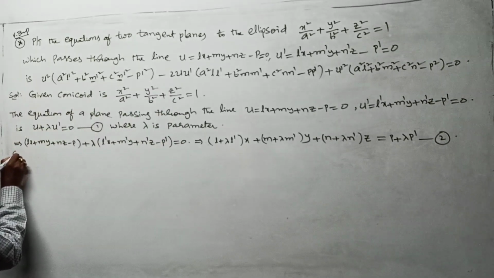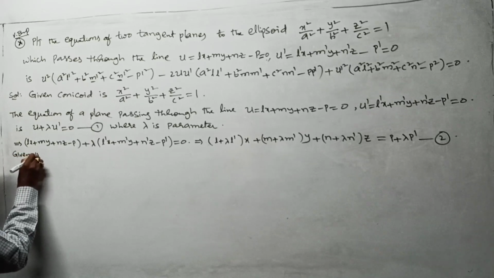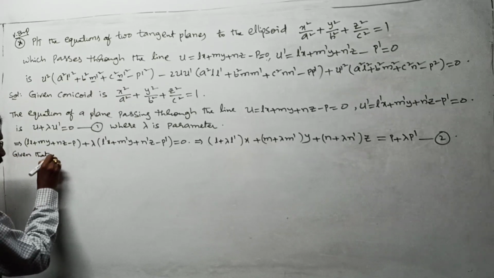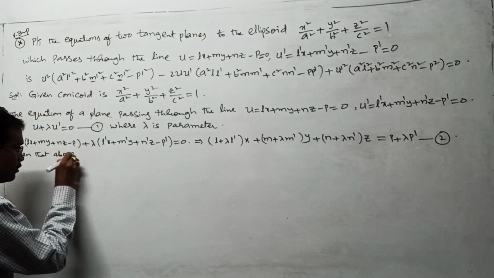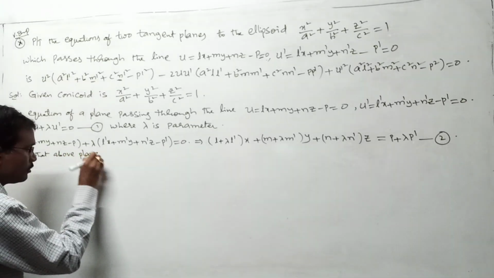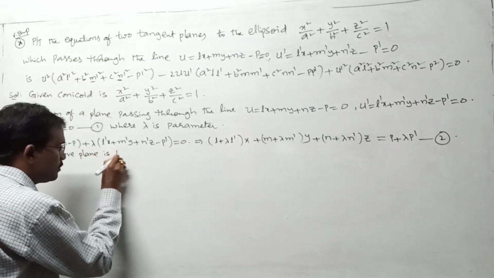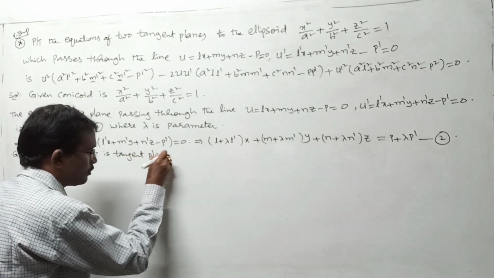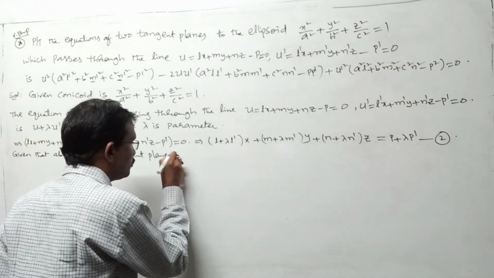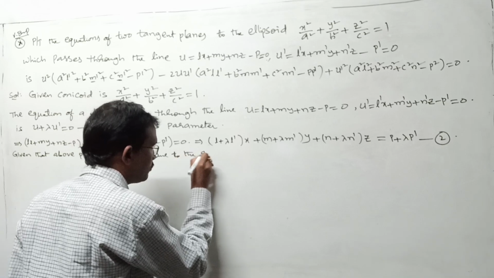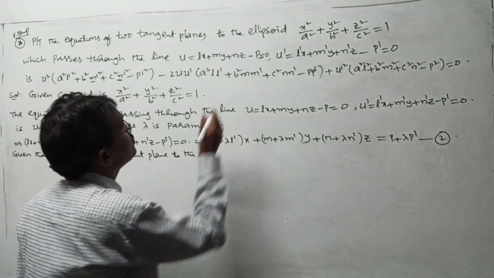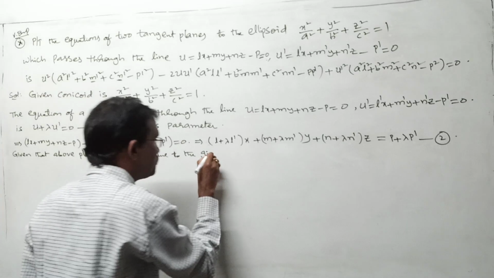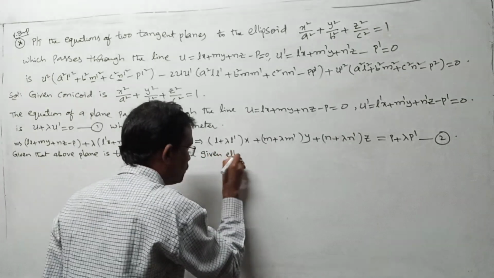Given that the above plane is a tangent plane to the given conicoid or given ellipsoid. This conicoid means ellipsoid.